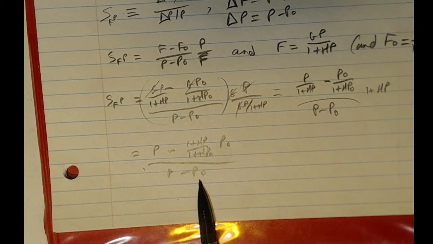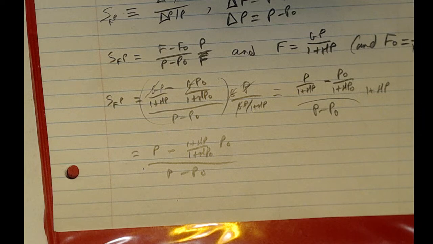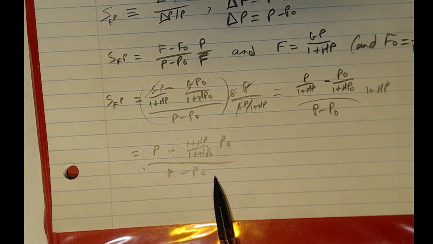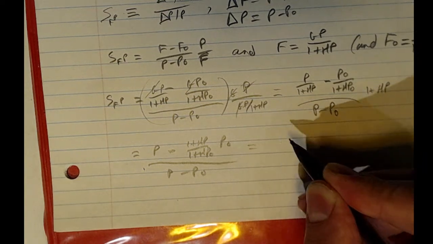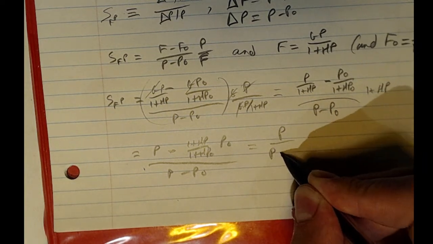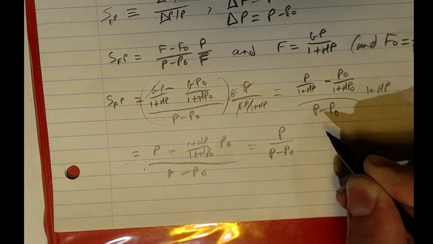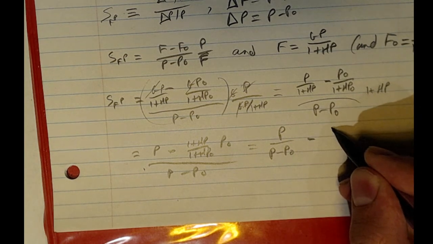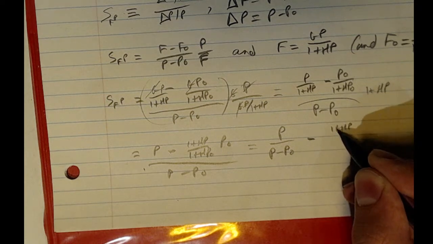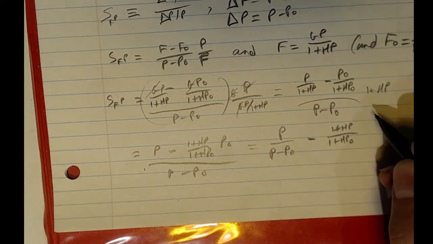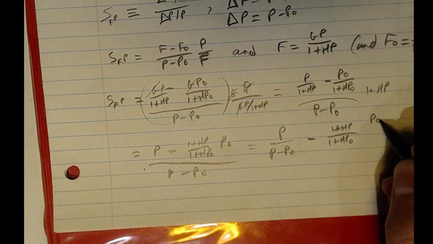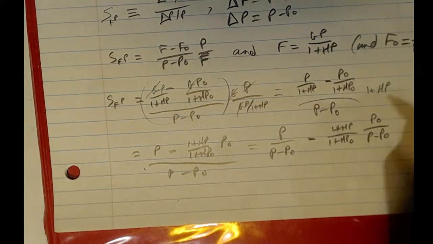And then this becomes p naught over p, so that doesn't seem helpful. If I multiply the top and bottom by p plus p naught, nah, that's ridiculous. If I separate this into two fractions, then maybe I'll see something. So p over p minus p naught minus 1 plus hp over 1 plus hp naught minus p naught over p minus p naught.